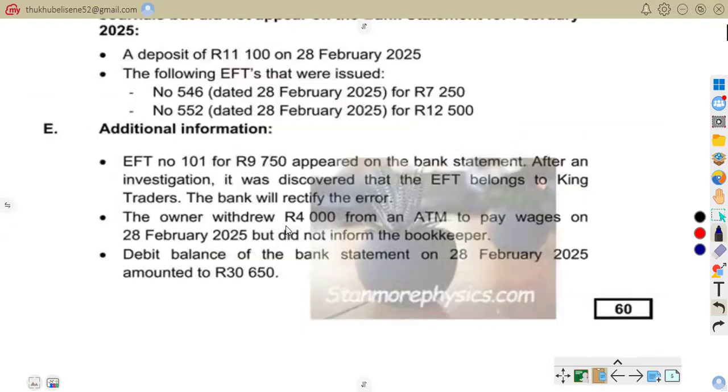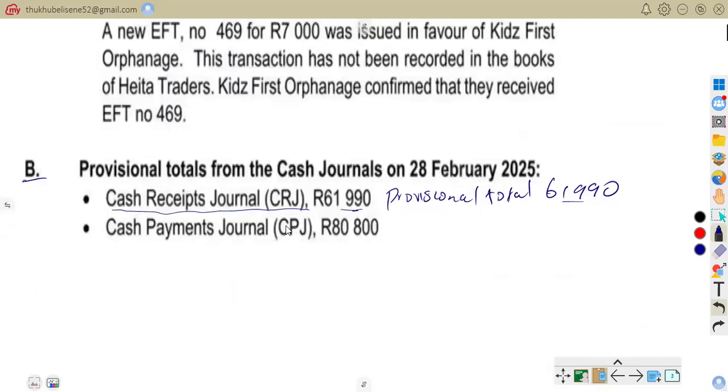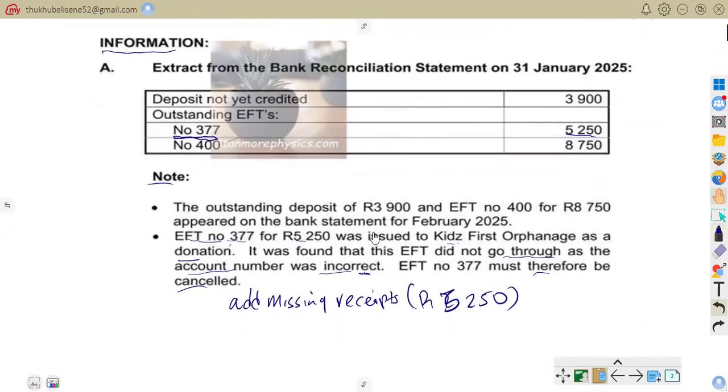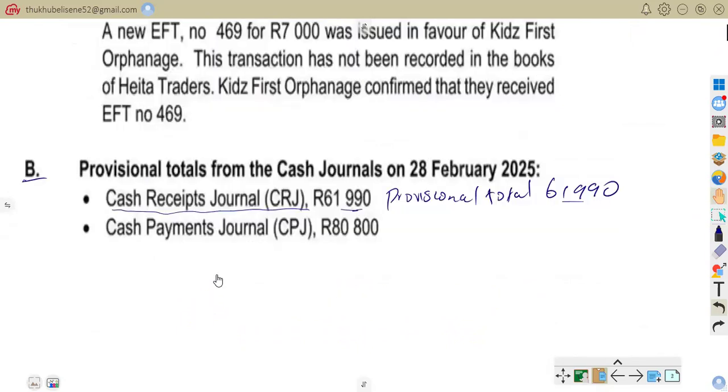Now let us move on to another transaction that is going to affect our cash receipts journal. As we go through these notes as well as this extract from the bank reconciliation statement, you can see there is nothing that affects our cash receipt journal under information A. Even in information B, there is nothing that affects it, only our professional totals.